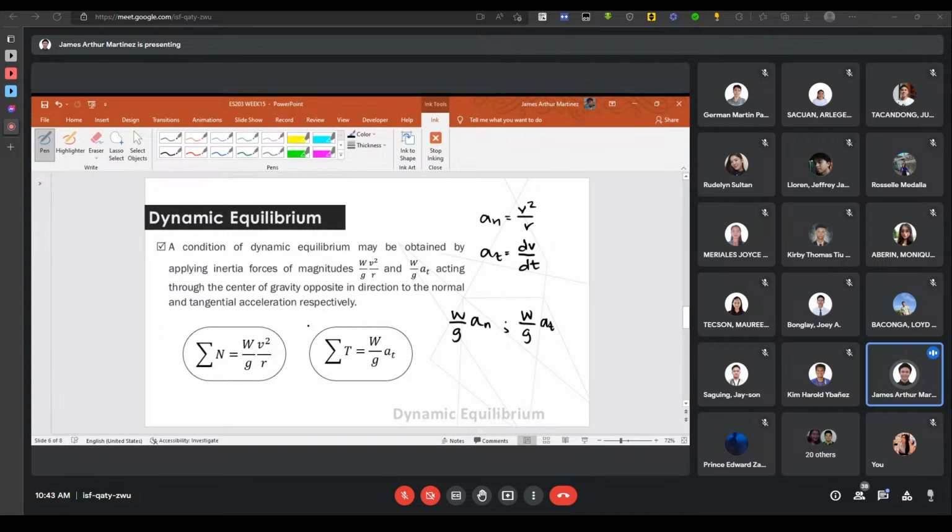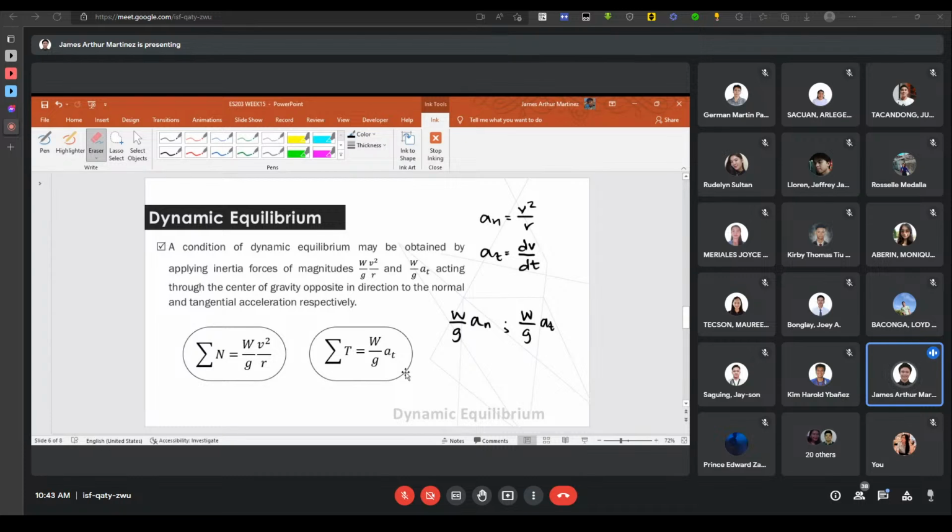Substituting the formula for the normal component of acceleration, the summation of forces on the normal axis is equal to weight over gravity times v squared over r. And the summation of forces on the tangential axis is equal to weight over gravity times the tangential acceleration, which is basically weight over gravity times a_n. That's it.